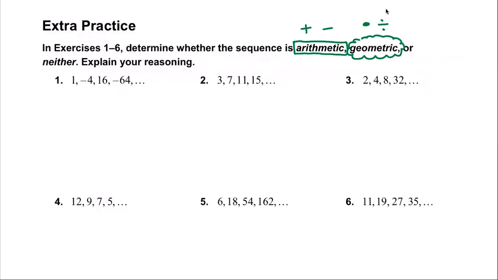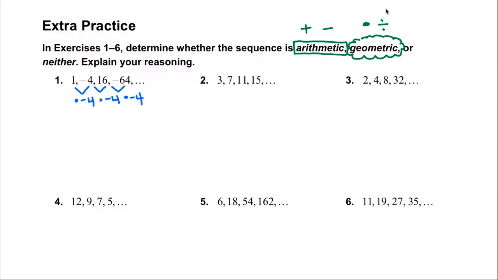Okay, so let's look at number 1. What does it look like is happening here? To me, it looks like we are multiplying by -4, multiplying by -4, multiplying by -4. So I notice that we go from positive, negative, positive, negative. That's interesting.